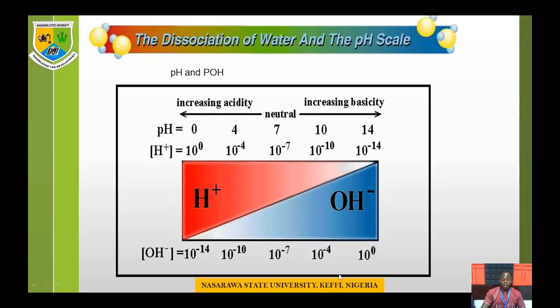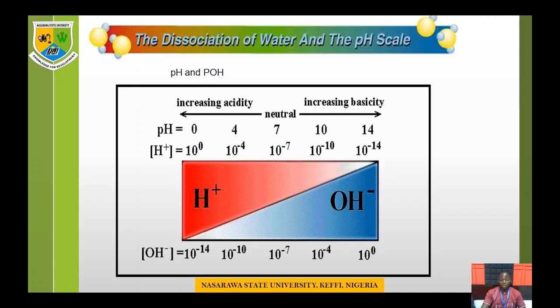The production of these hydrogen ions and hydroxy ions gives rise to the concept of pH and pOH, pH standing for the power of hydrogen ion concentration, and pOH standing for the power of hydroxy ion concentration. These two concepts are very important in the sense that they have some physiological effects.